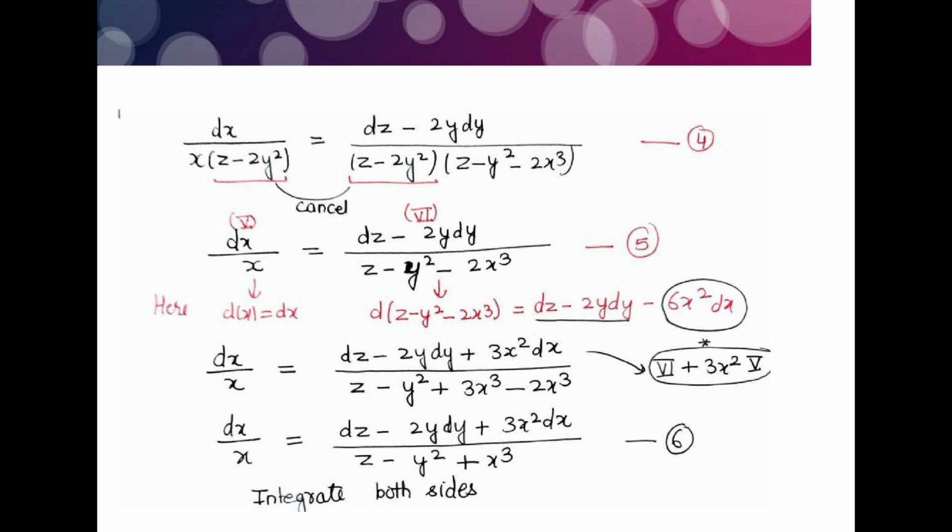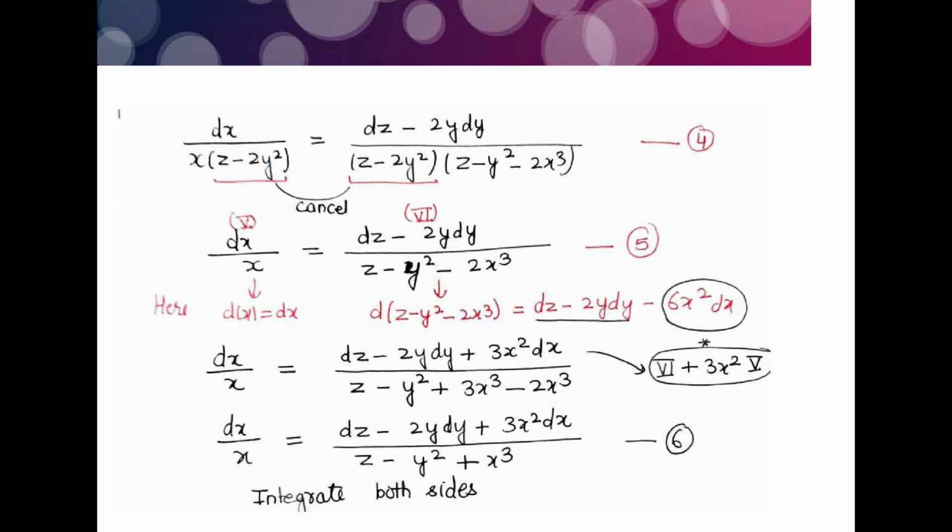These two terms we already have in the numerator of equation number 5 on the right hand side, but this x cube we don't have. So if somehow we can accommodate or simplify this x cube part, we can look for some solution, right? So what is the differential of x cube? It is 3x square dx.